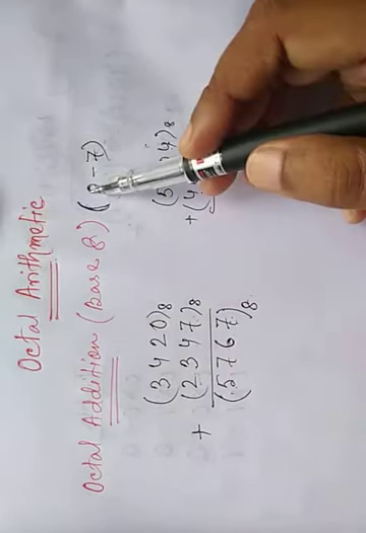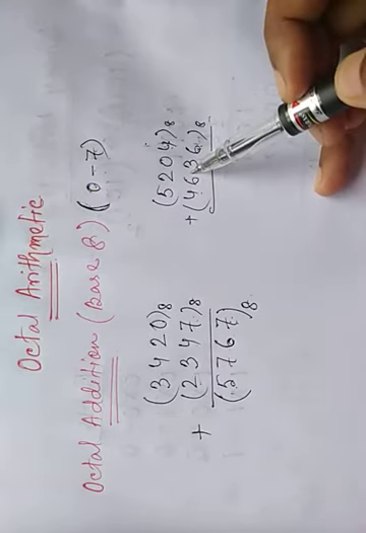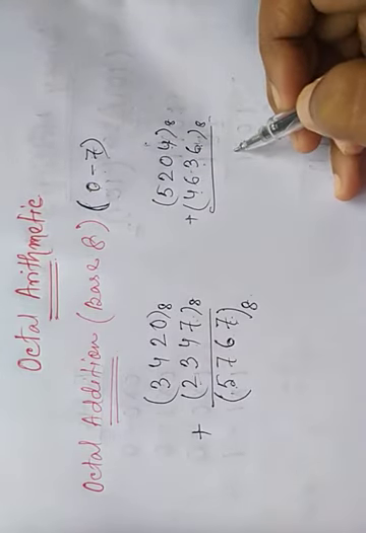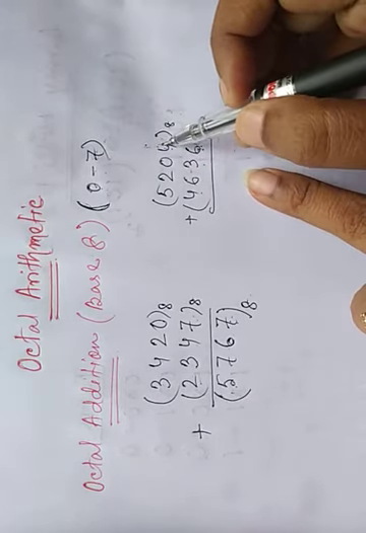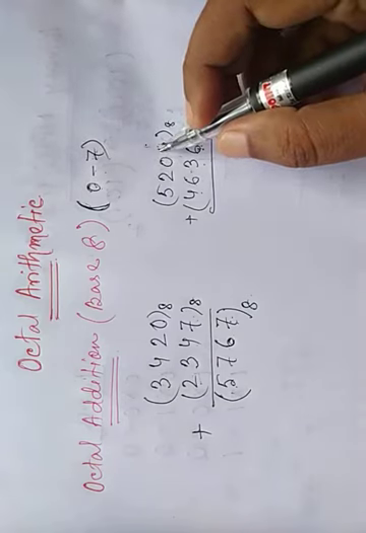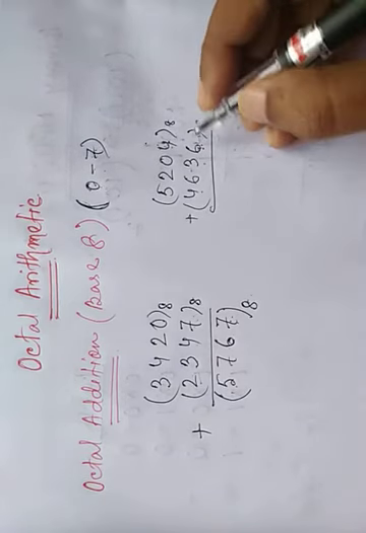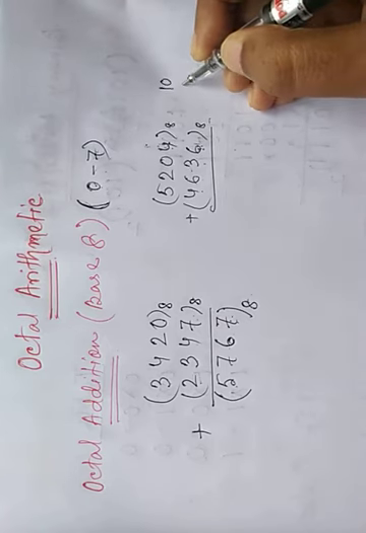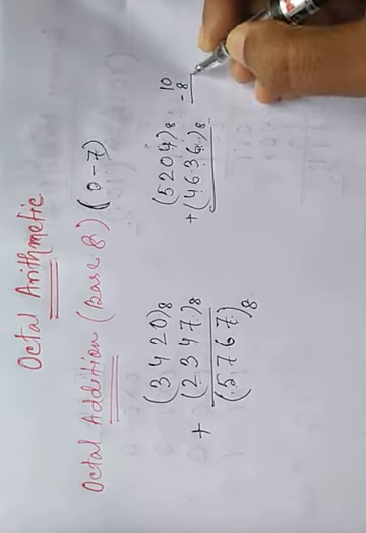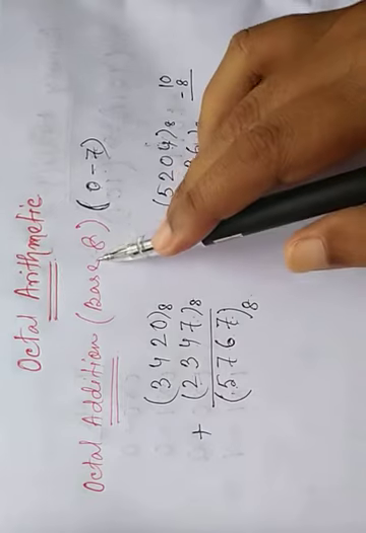But as this is octal arithmetic, all the numbers should be in the octal number system. So as 6 plus 4 is 10, we have to subtract this number with 8, because 8 is the base of the system.